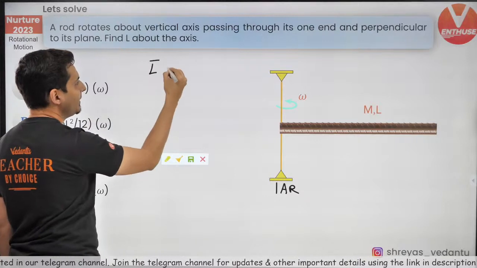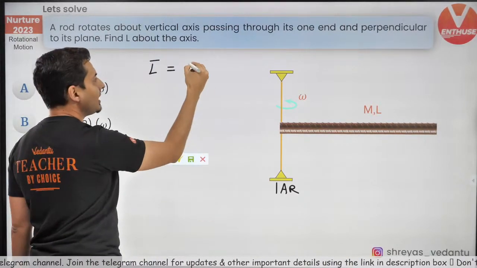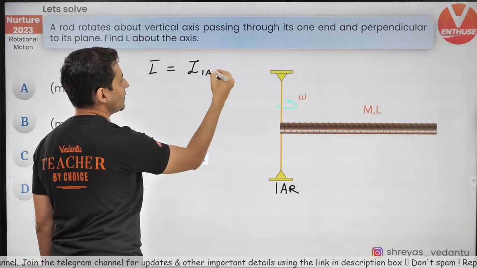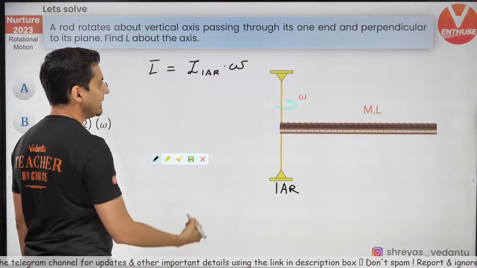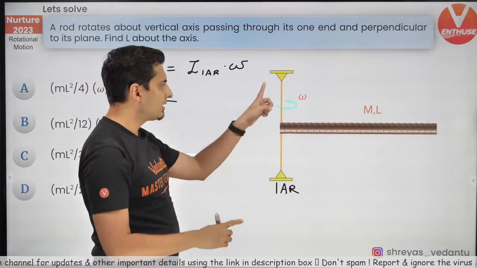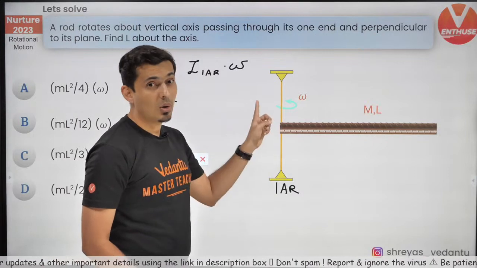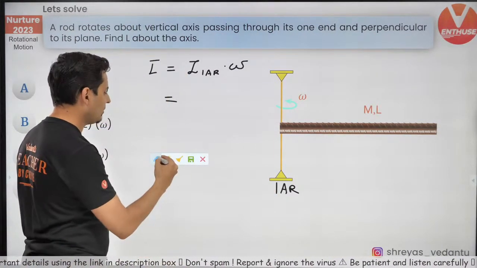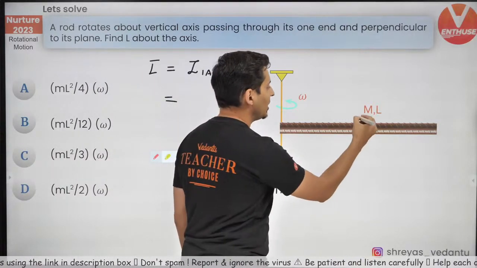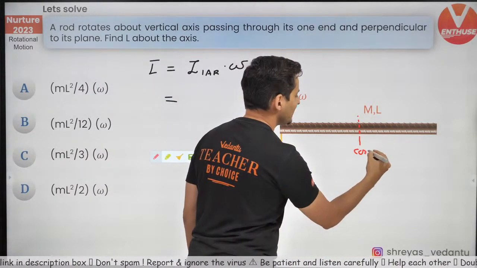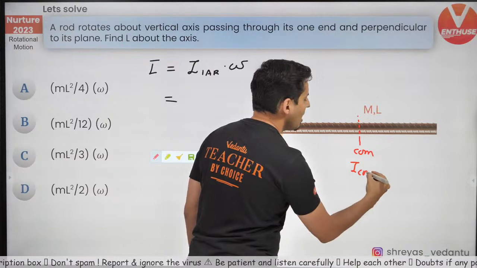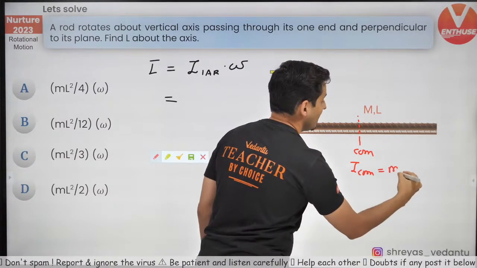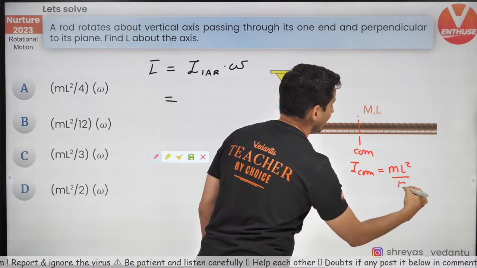The angular momentum about that axis is moment of inertia about axis of pure rotation into omega. But I need the moment of inertia of the rod about this point, and I do not know that. I just know the moment of inertia about the center of mass, which is ml square by 12.